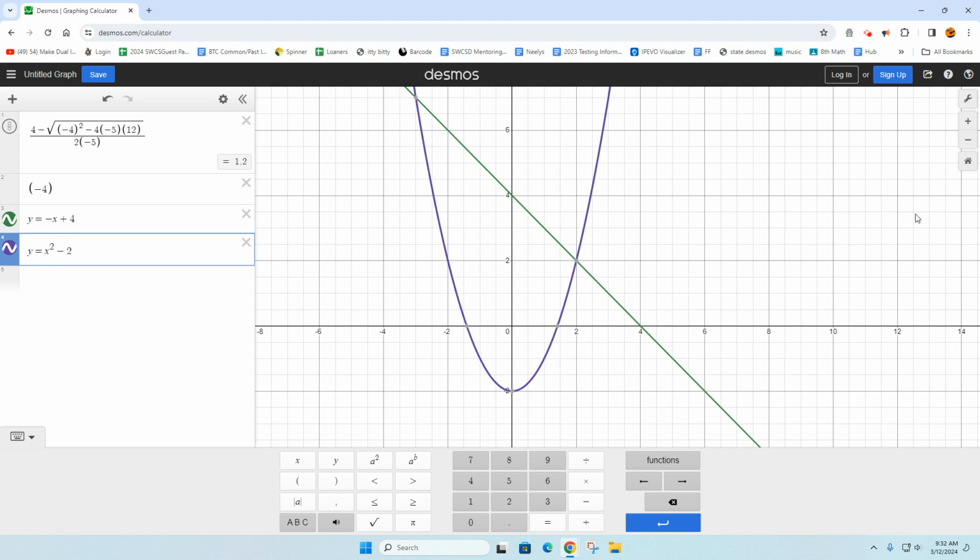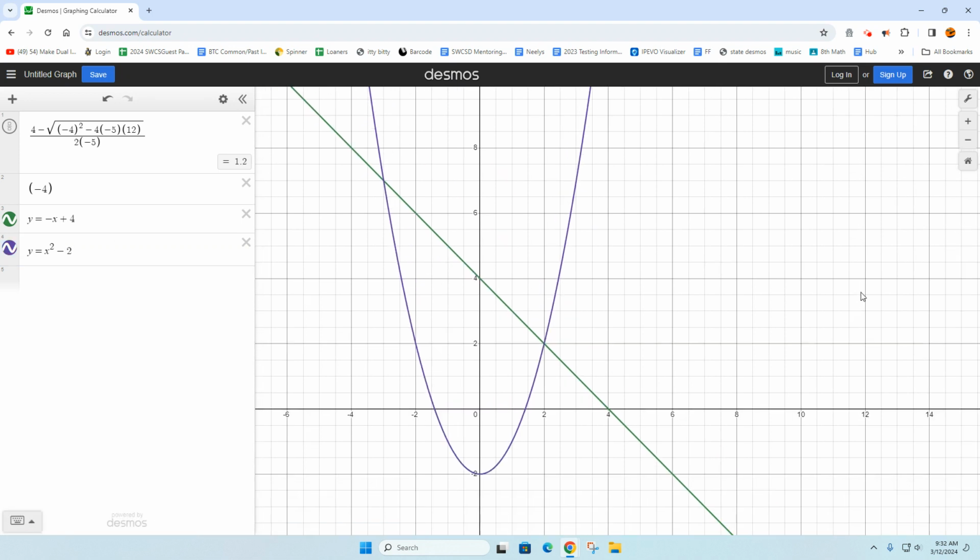Okay. Where are my solutions? Where they intersect. So all I got to do is go here and here. So my answers of this problem are negative 3, 7, and 2, 2. Is there a way to solve it without doing this? Absolutely.